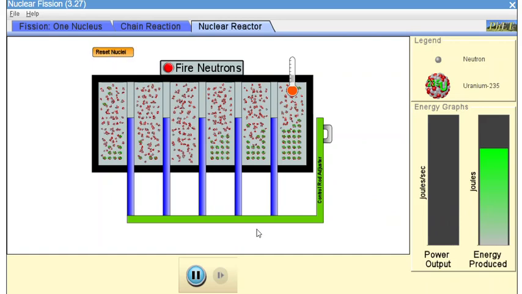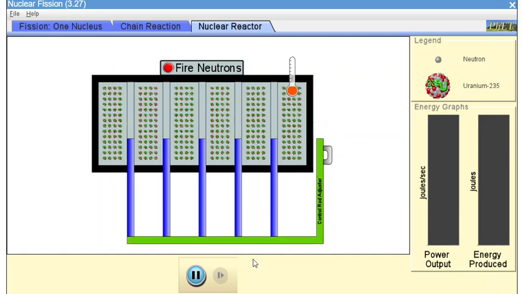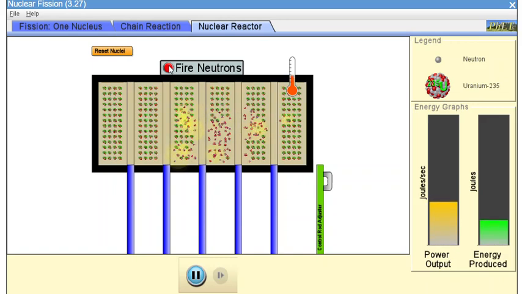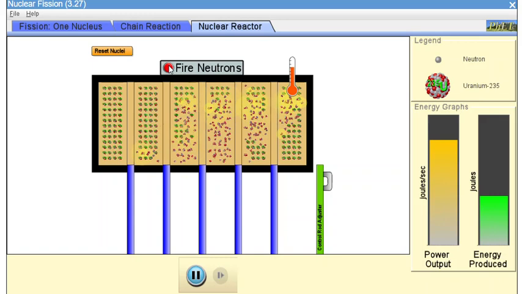I will reset, and I will move the bars all the way out, right? And then I will fire neutrons. Now there should be a higher chance that the chain reaction occurs. So we see how most of the nuclei are going to be fissioned.